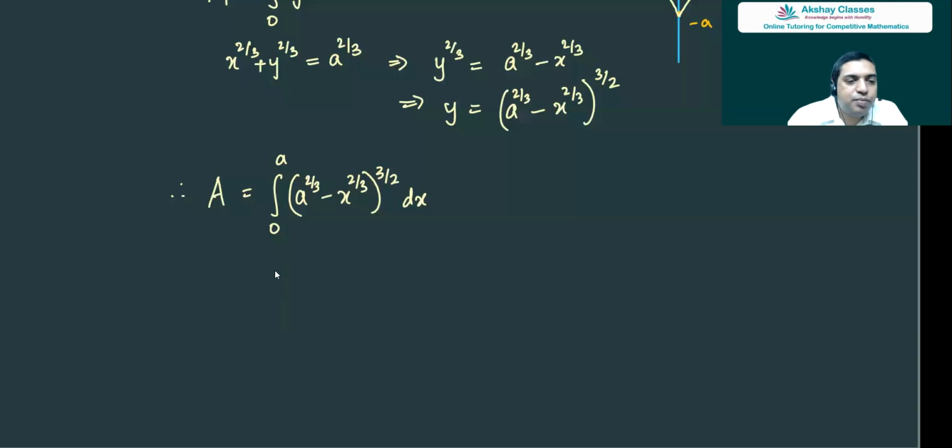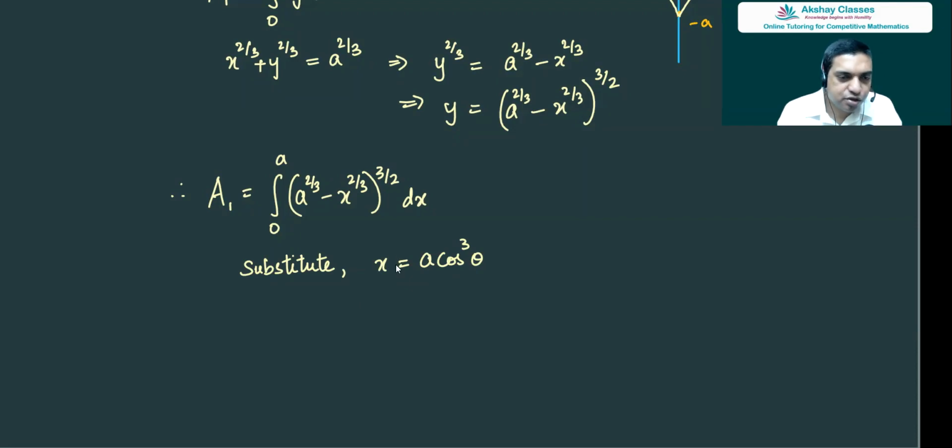Best substitution is your parametric substitution. Substitute x is equal to a cos cube theta. When we substitute that, see what happens. dx is a into 3 cos square theta into minus sine theta d theta.